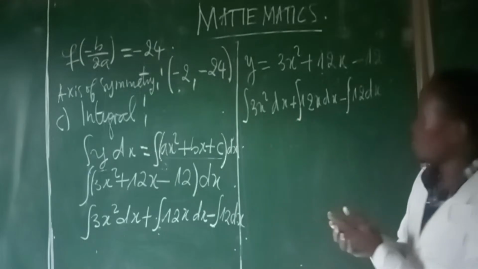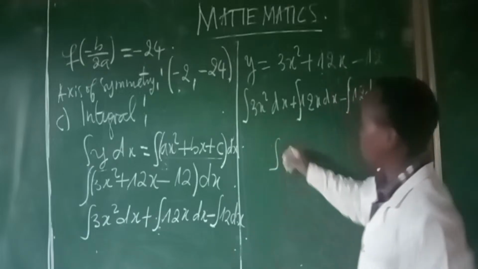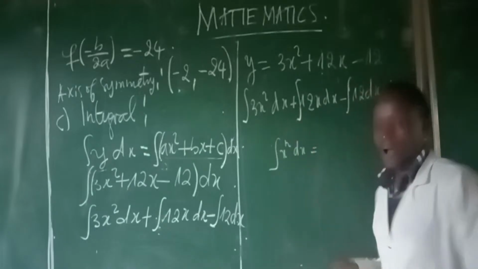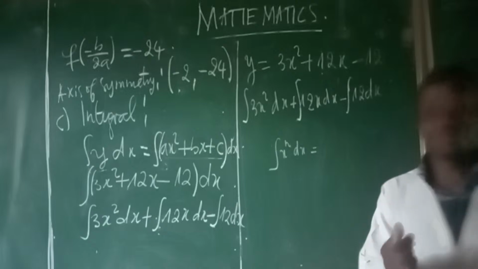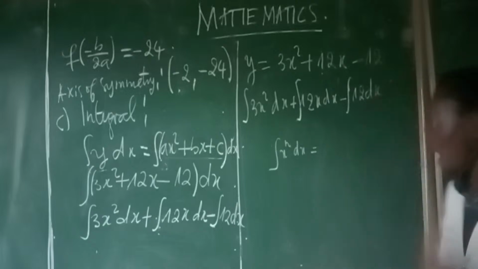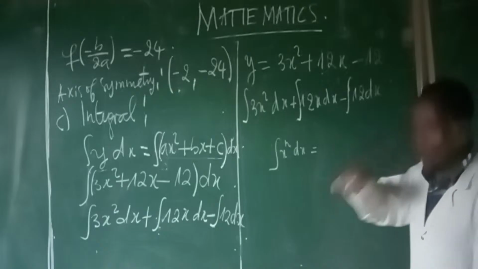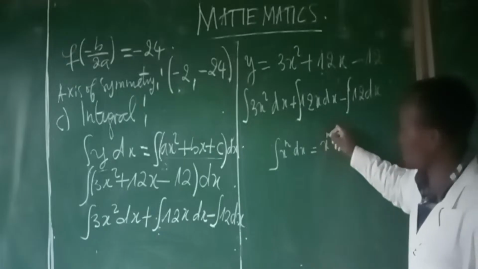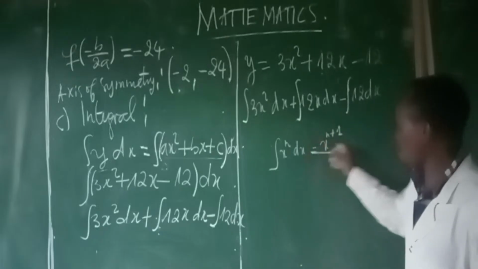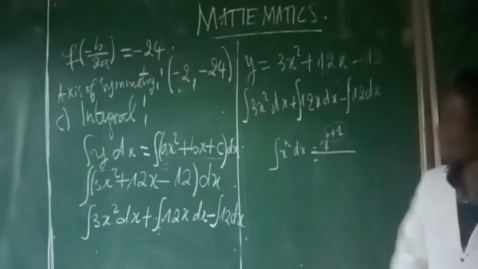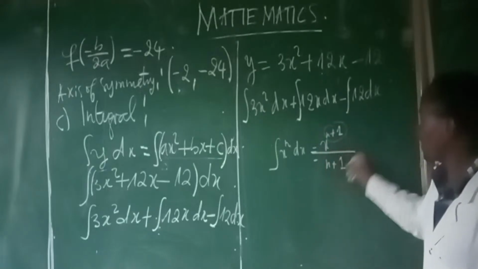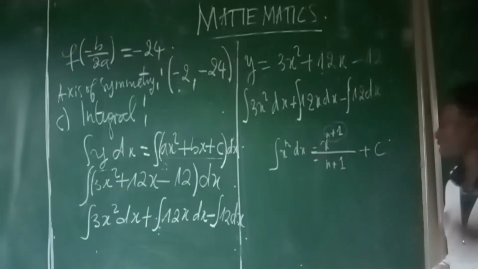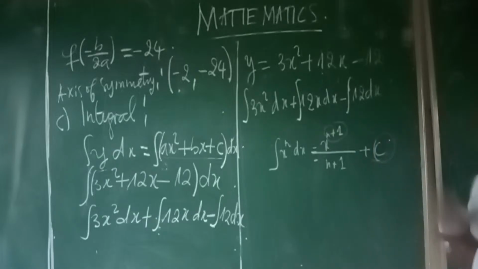If you have integral of x power n dx, the power should be increasing, right? That's why we apply this formula: x power n plus 1 over n plus 1, plus constant c. Why? Because this is an indefinite integral, that's why you have to add this constant c.